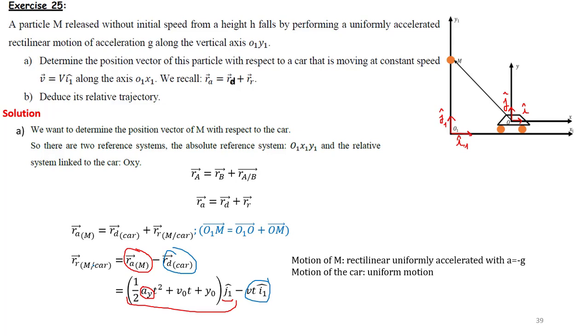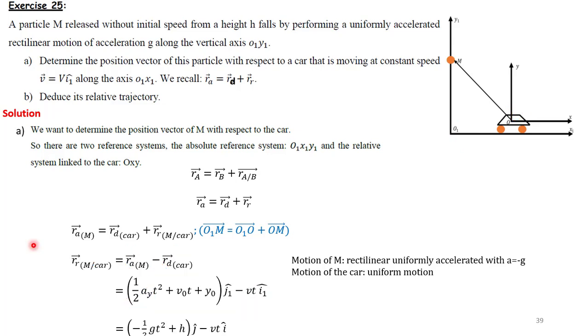So we found the position vectors. We still need to replace AY with minus g, V0 with 0 because M was initially at rest, and Y0 should be replaced with h. Note here also that J1 is equal to J and I1 is equal to I.